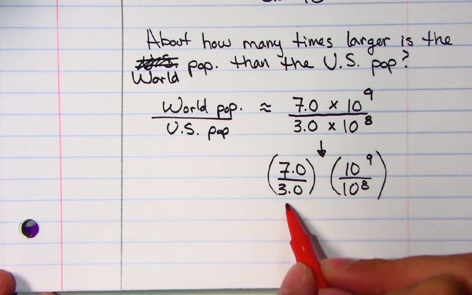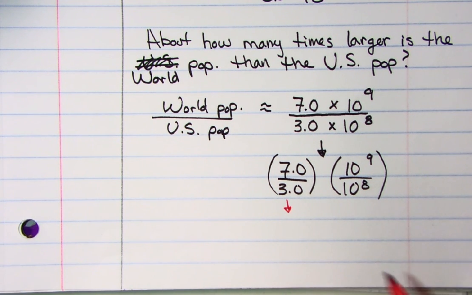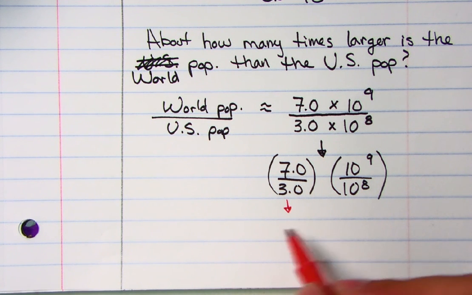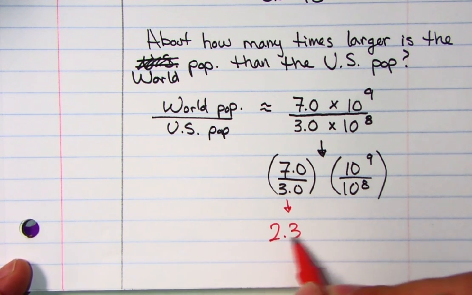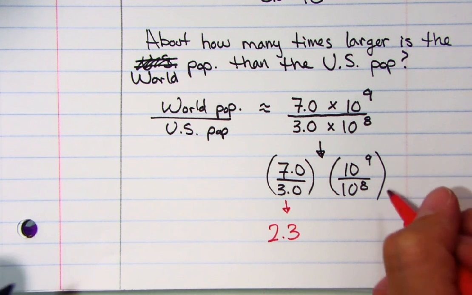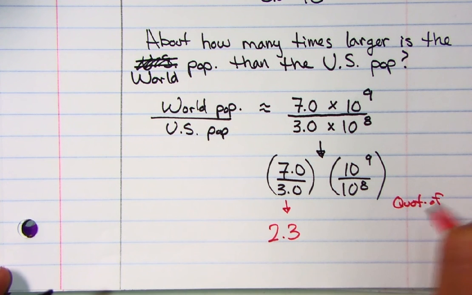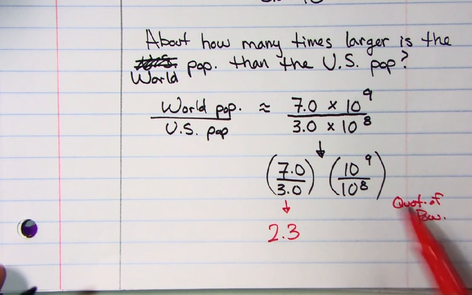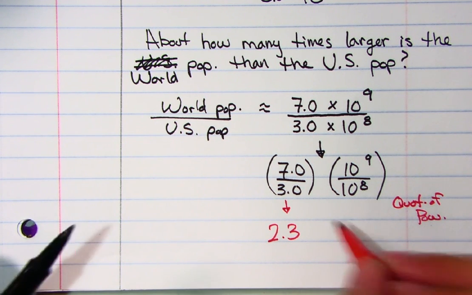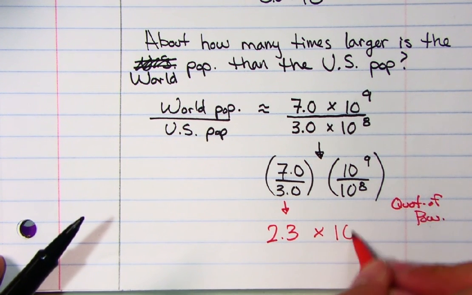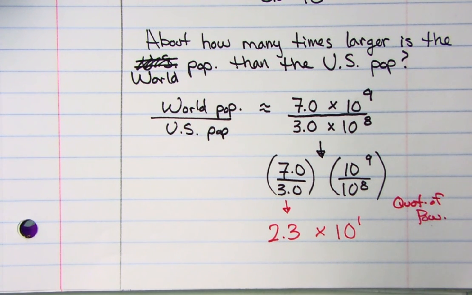Okay, and so this should look familiar over here. I'll do this part first. 7 divided by 3. If you use your calculator, you take 7 divided by 3, you're going to get 2.3 or thereabouts. Over here, we can use the quotient of powers property. Remember, when the bases are the same, we can subtract those exponents, so I get 10 to the first power.